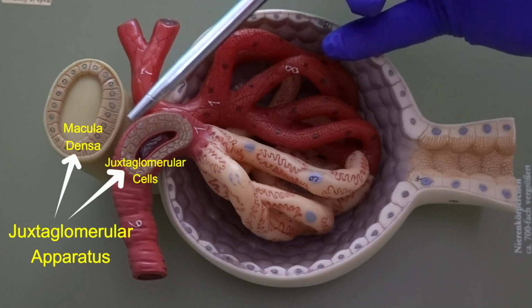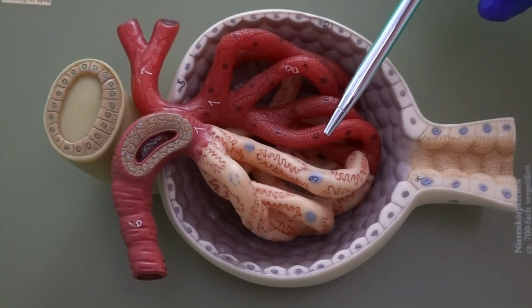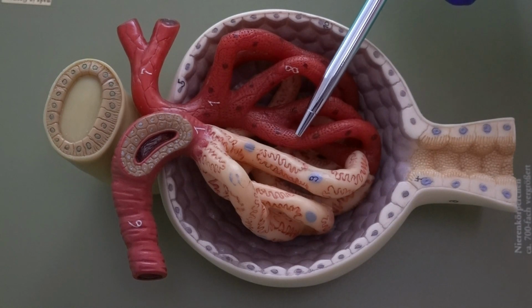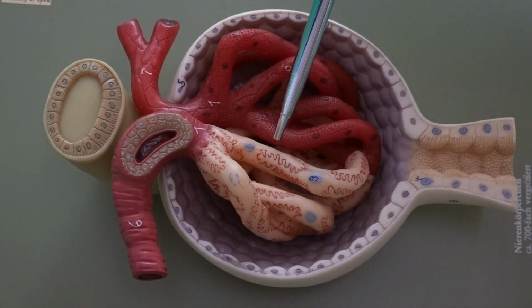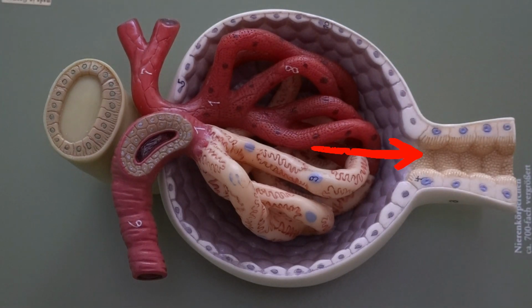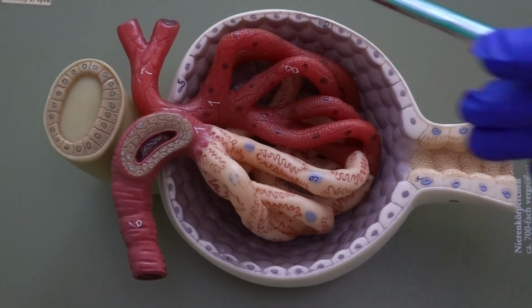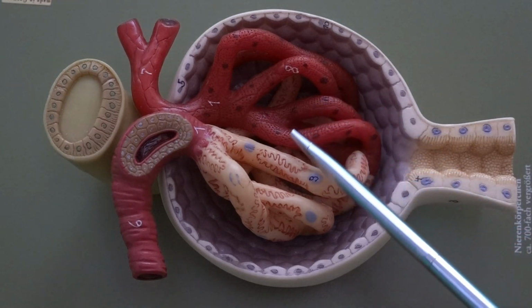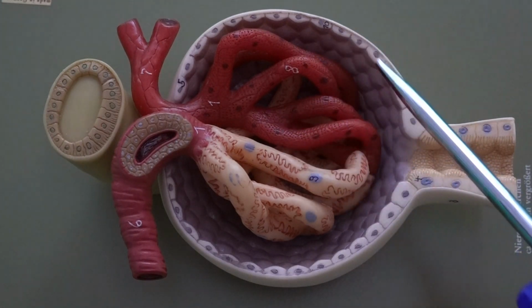This apparatus has a significant role in regulating the rate of glomerular filtration. Recall, filtration is pushing water and solute from glomerulus into the Bowman's capsule. And it is very important that, no matter what happens to our systemic blood pressure, inside the nephron the rate of glomerular filtration be regulated and adjusted very quickly.